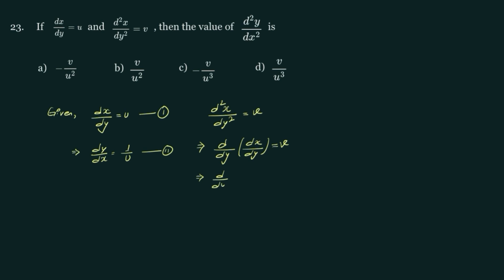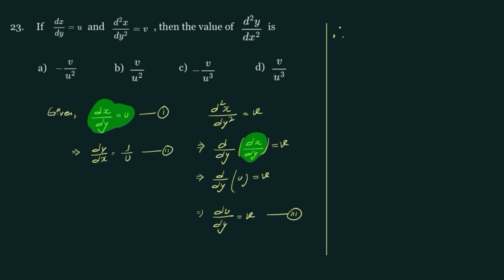Now here d2x by dy2 means d dy of dx by dy equals v, which implies d dy of, now see dx by dy means u. So in place of dx by dy I can write u, equals v. That means du by dy equals v, and let this be equation number 3. Now we need to find the value of d2y by dx2.